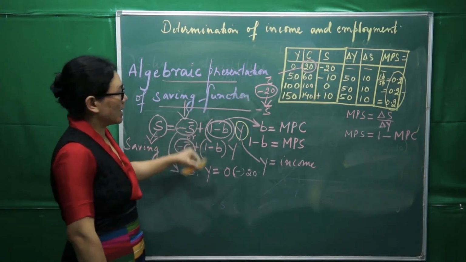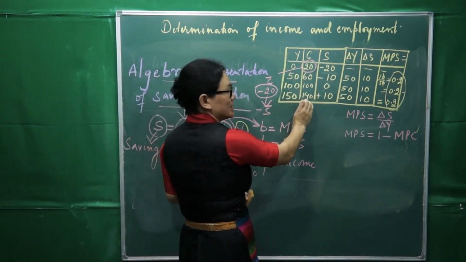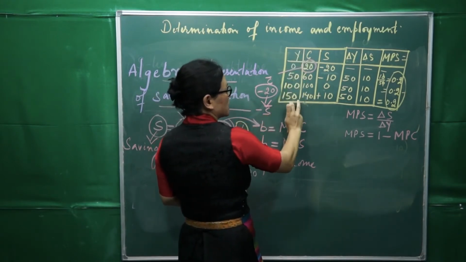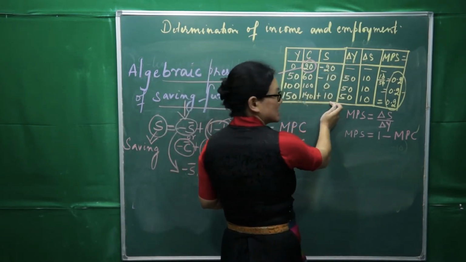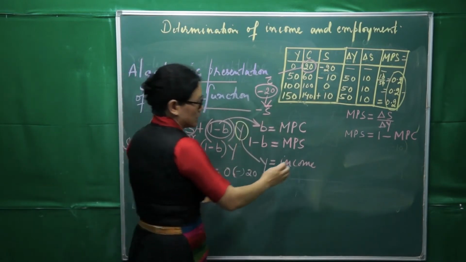Just as we have done in this schedule, where using these consumption function schedules I derived the saving function. Now in the form of equation, we will see.